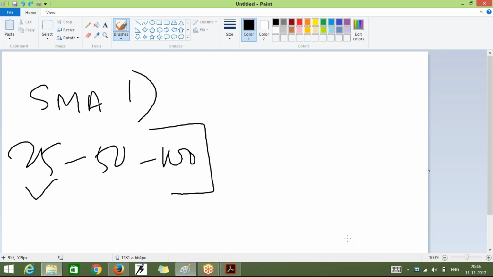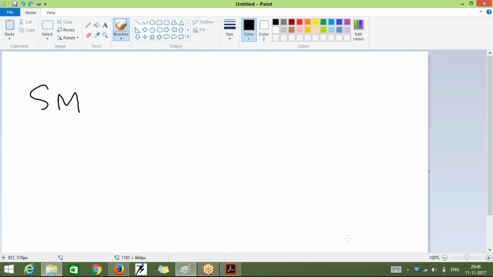One more thing, just note down, all these things are to be noted down. If possible, what I am saying I'll also be noting, and I'll be sharing with you. One more thing to note down is, on weekly chart SMAs are stronger than daily charts.